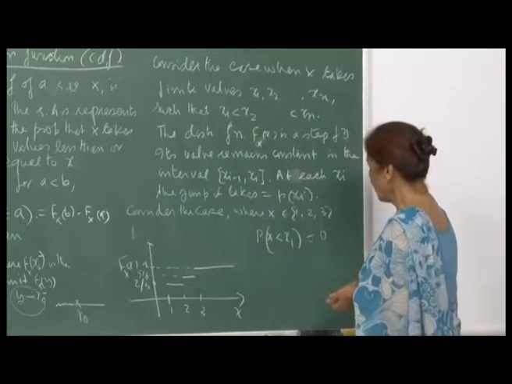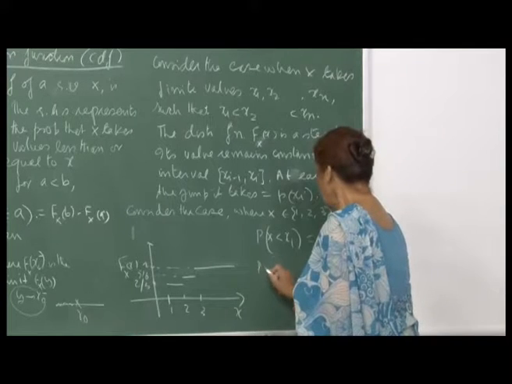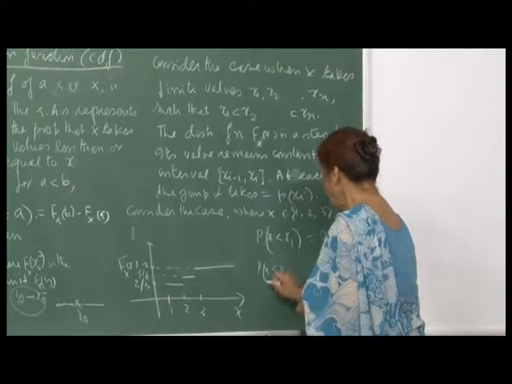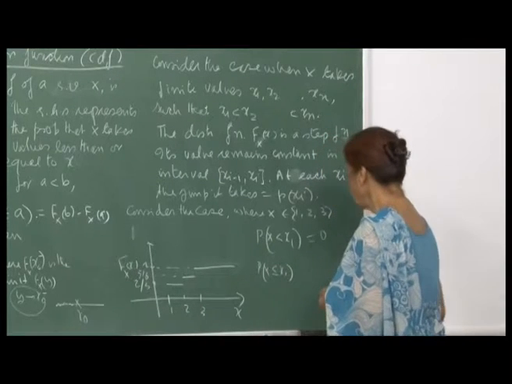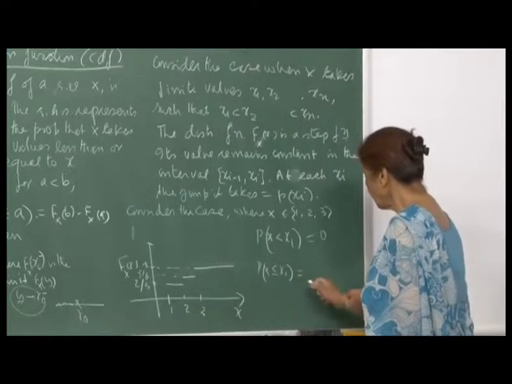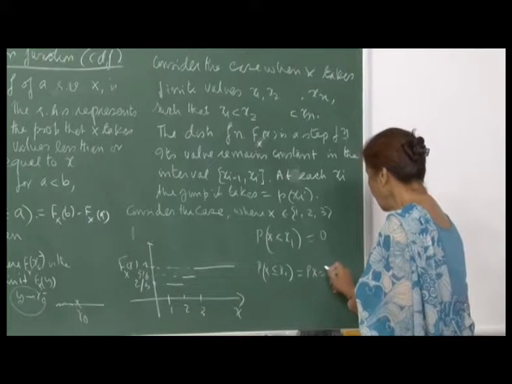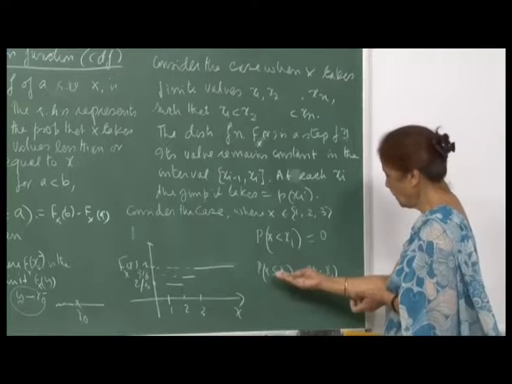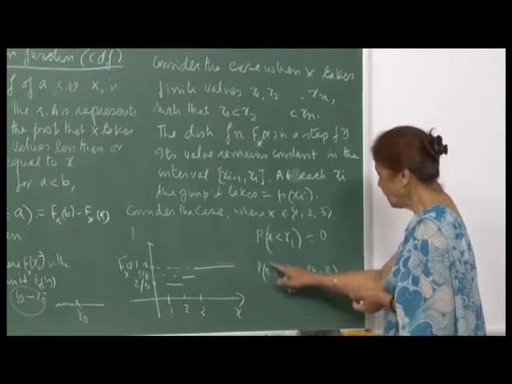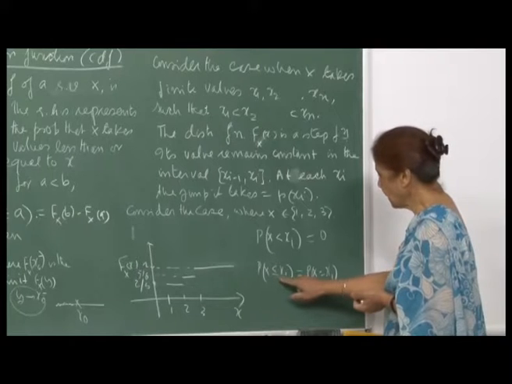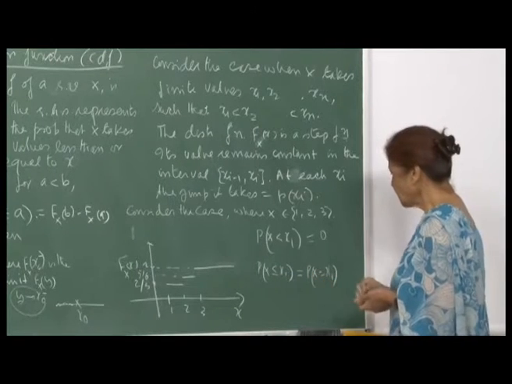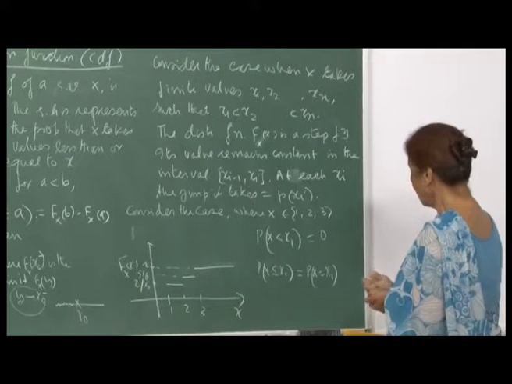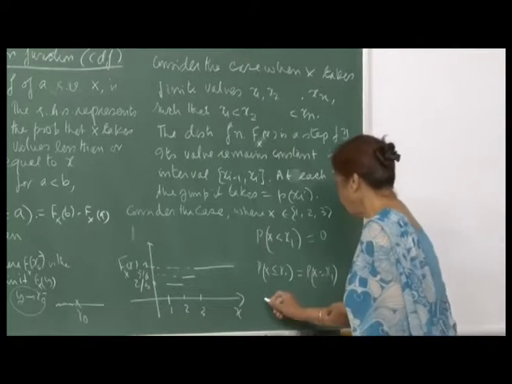But if you say probability X less than or equal to x1, then this is equal to probability X equal to x1, because it is not going to take any value less than x1. The only value in this region that X will take is x1.